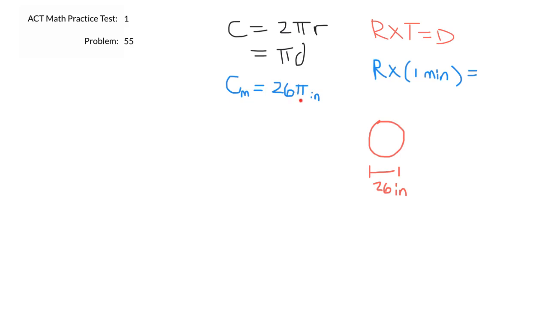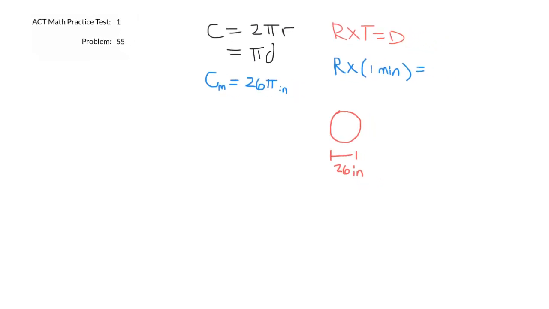So the distance traveled will be 200 times the circumference of his wheel. So I'm actually going to go ahead and write that immediately in this equation. So the distance is going to go right here, and that is going to be 200 times the circumference, which is 26 pi inches.